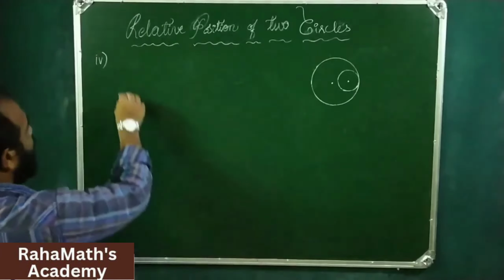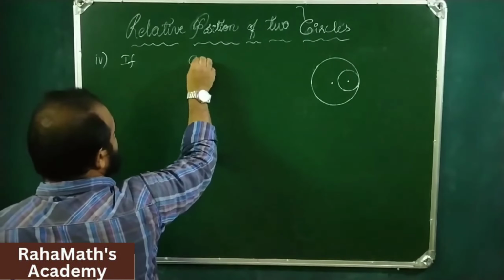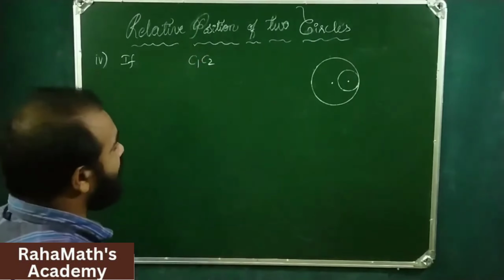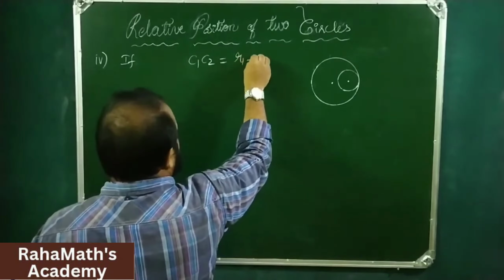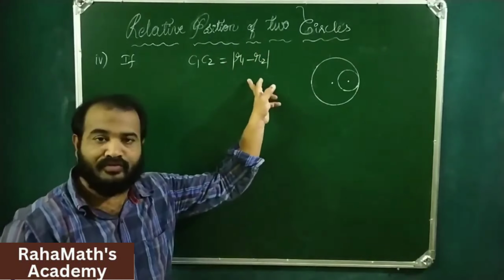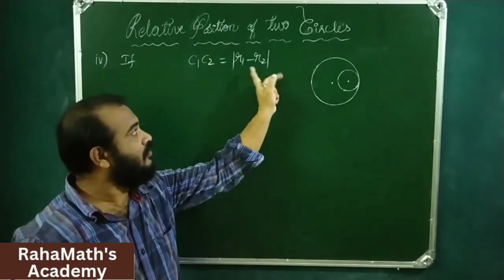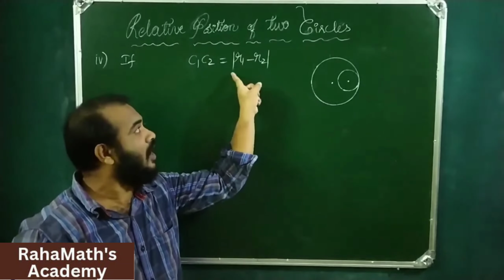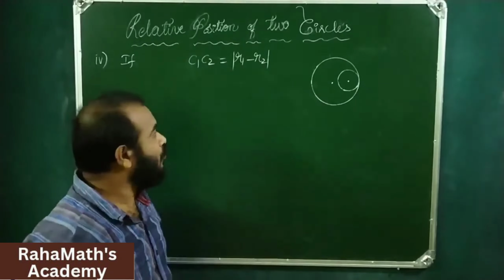If C1, C2 is equal to modulus of R1 minus R2. So I have told you before, C1, C2 is equal to modulus of R1 minus R2 means the difference of the radii. It could be R2 minus R1 or R1 minus R2.